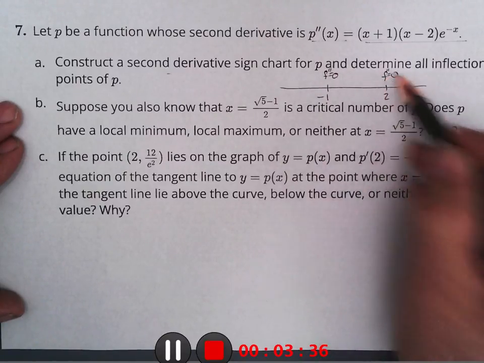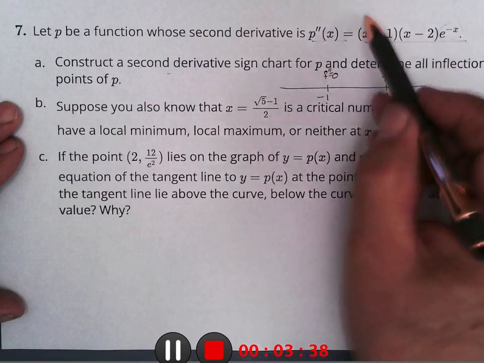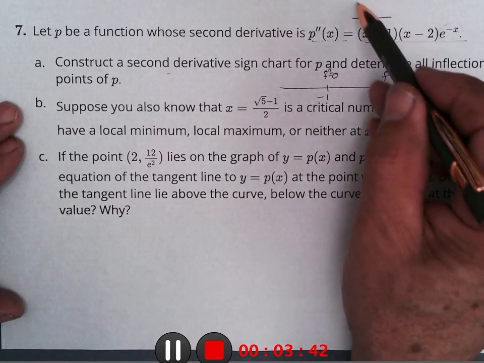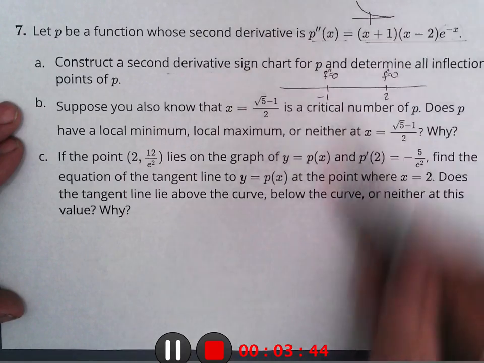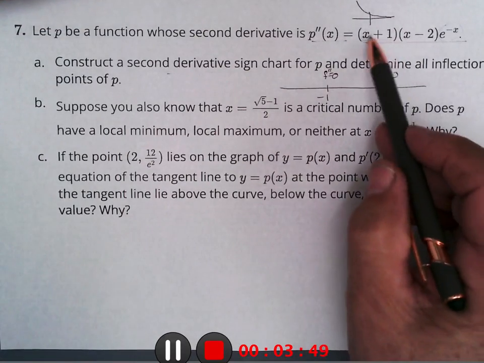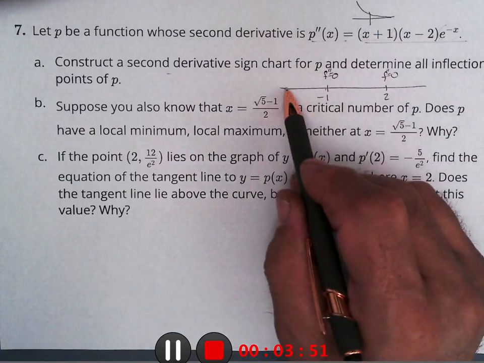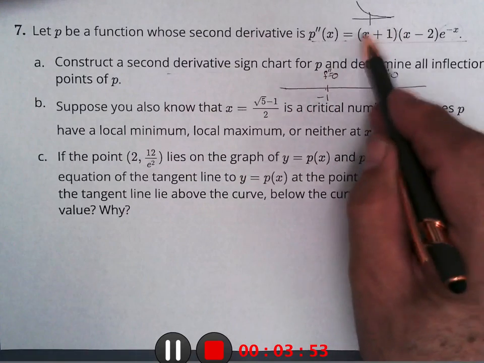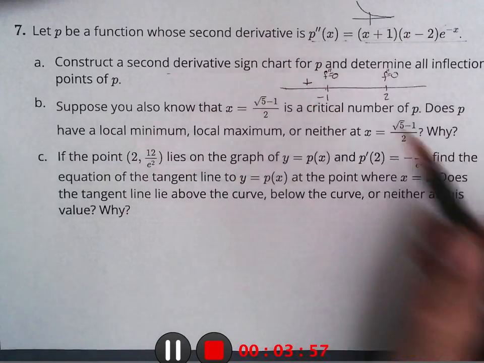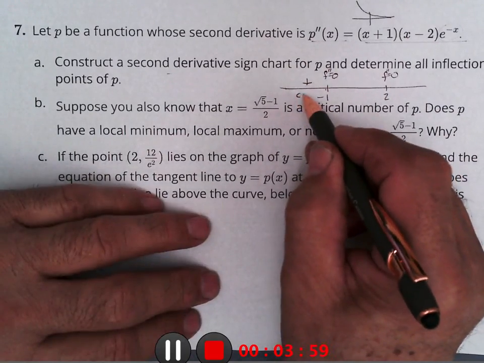This can never be 0 because the e to the x curve with a minus is always going like this. It's always positive. So the only thing we really have to be worried about is this. Below -1, like -2, this is negative, this is negative, 2 negatives make it positive, so it's concave up.